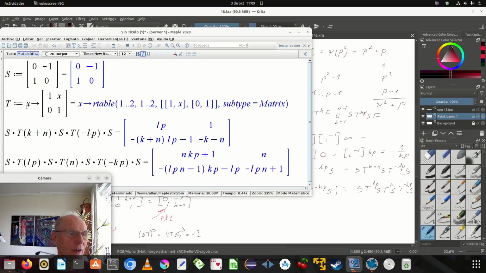I had to define this as a power function, otherwise Maple didn't want to compute T to some power. All right, and then we get this, and modulo p, it's equivalent to minus 1.